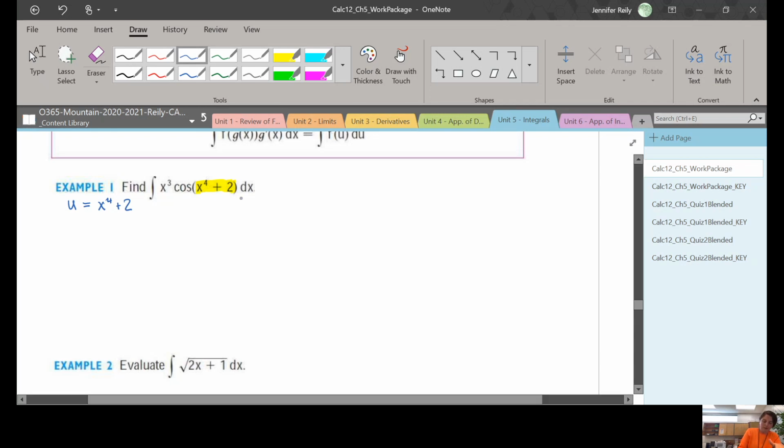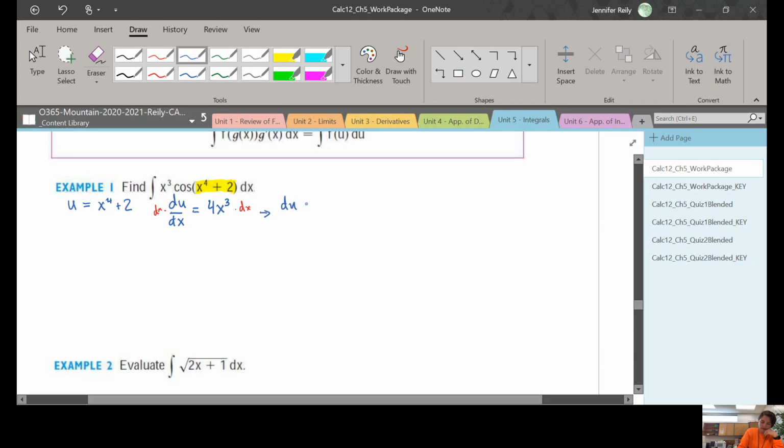We're also going to sub out the dx, and the way that you do that is you find the derivative of u. So du by dx, the derivative of u with respect to x, would be 4x cubed plus 0. When I sub out the dx, all I have to do is rearrange this by multiplying by dx on both sides.